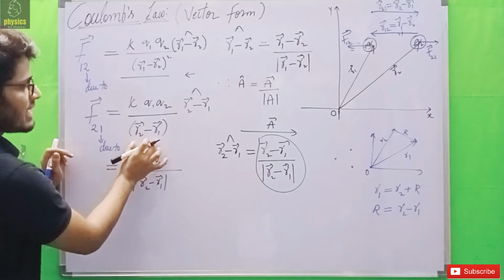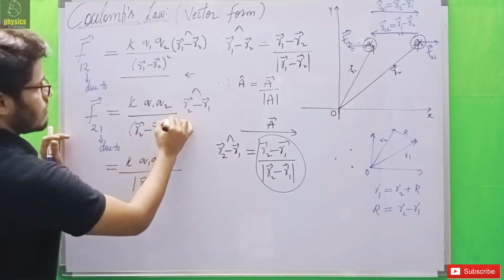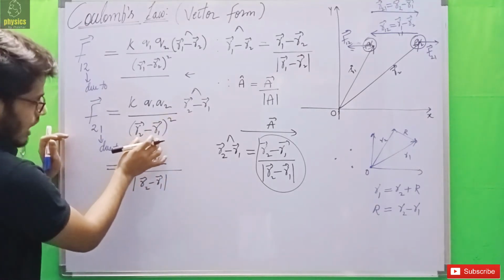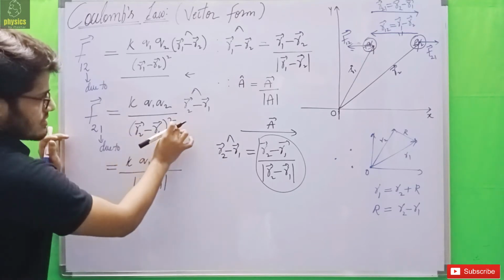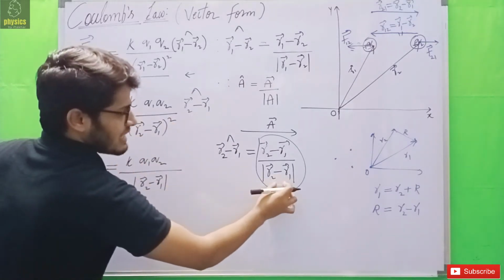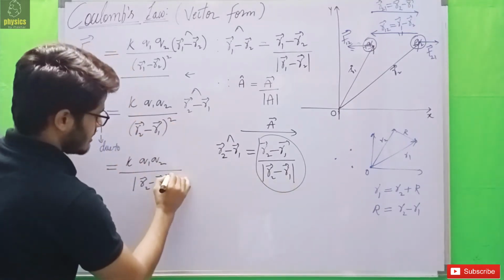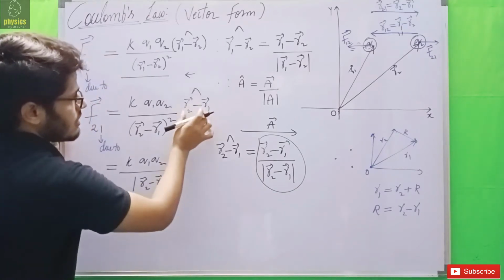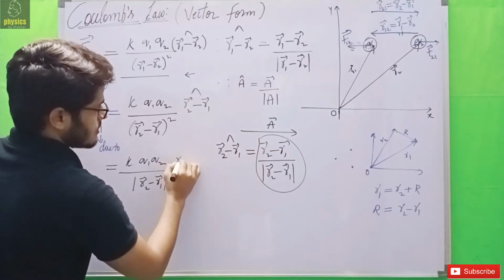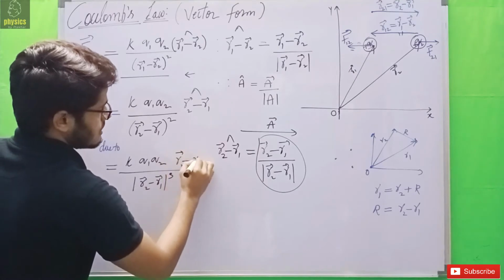Already R2 minus R1 square is there. One more R2 minus R1 is coming, so it will become cube, and here what will come? This vector R2 minus R1.